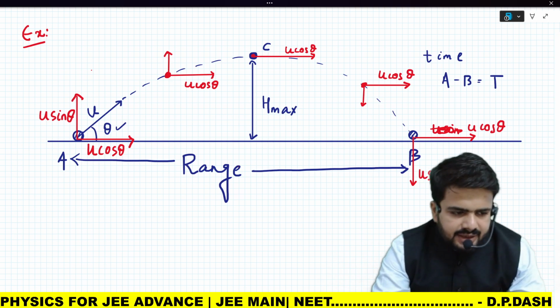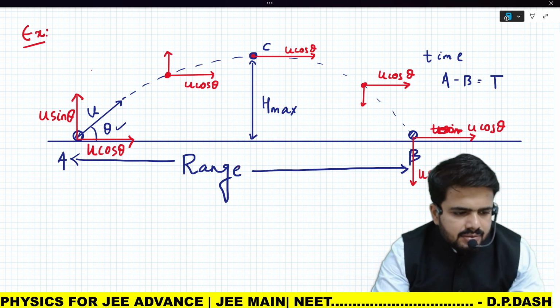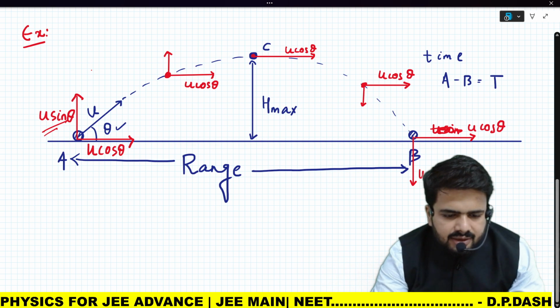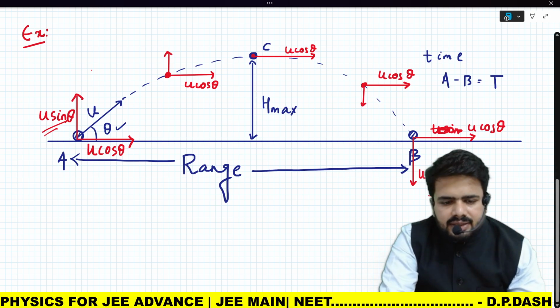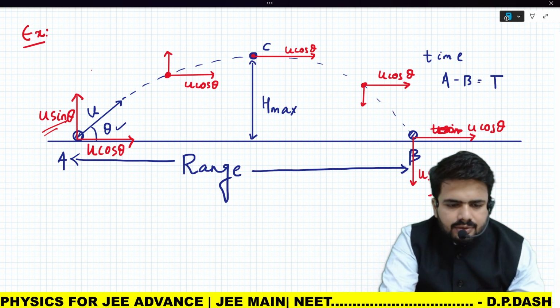So initially the vertical component is u sin theta in upward direction, and at the end its magnitude is also u sin theta, but in downward direction. Clear? So this is how the velocity shows the variation.